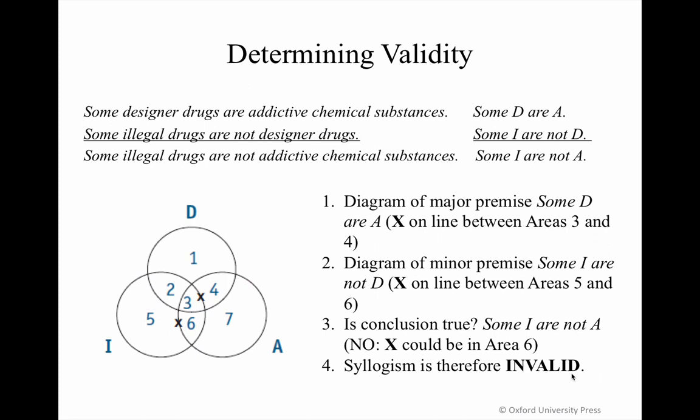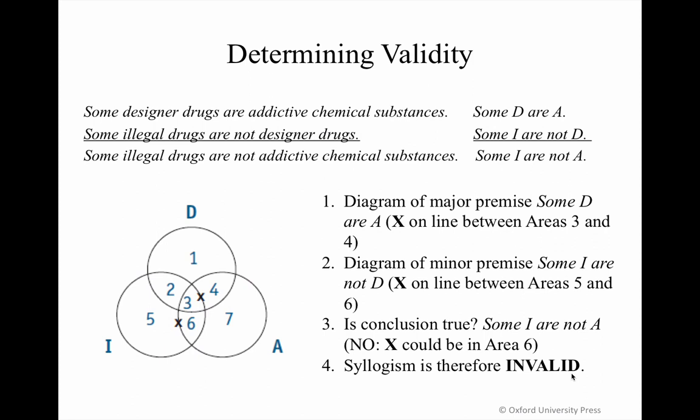Some I are not D. The area that we want to diagram is area 5 and 6. That's because we're looking to put an X in the area that is in I outside of D. Notice, however, we don't know if the I that is outside of D is also outside of A, so we put the X on the line.